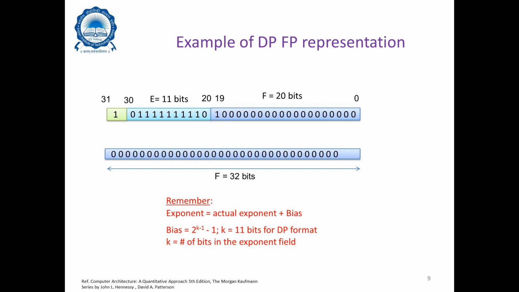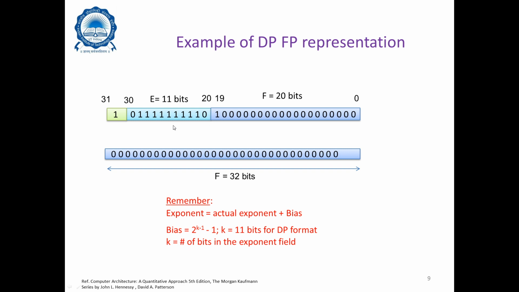Now if you convert that to binary, 1022 will be the number shown here, 0 1 1 1 1 1 dot dot dot 1 0. So this is the 11-bit binary representation of 1022.